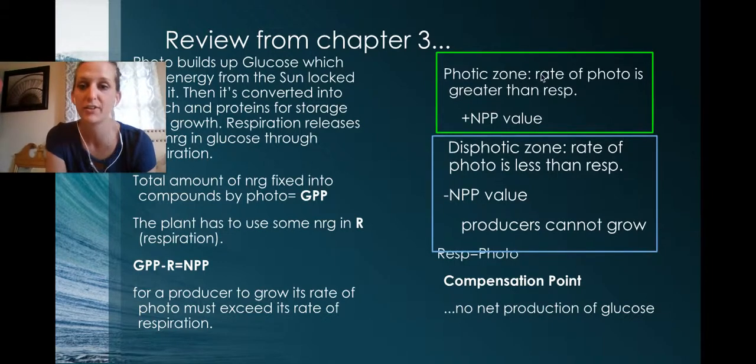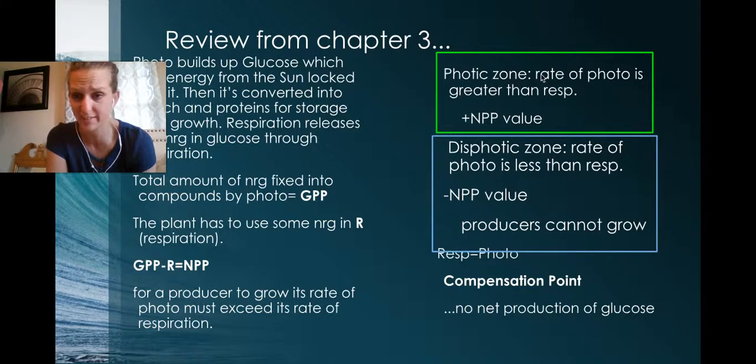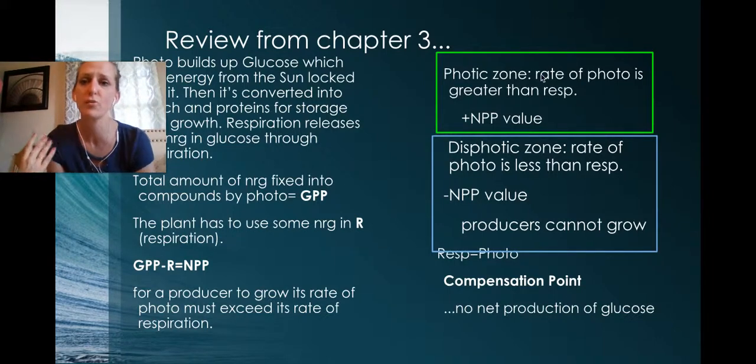Dysphotic zone, obviously, the photosynthesis is super low. Respiration is still going on because you don't metabolize things depending on when the sun is out. It has nothing to do with that. Photosynthesis is dependent on that. So the dysphotic zone, just because the sun isn't around down there does not mean those organisms are going to live their life any less. They're still going to do the same thing.